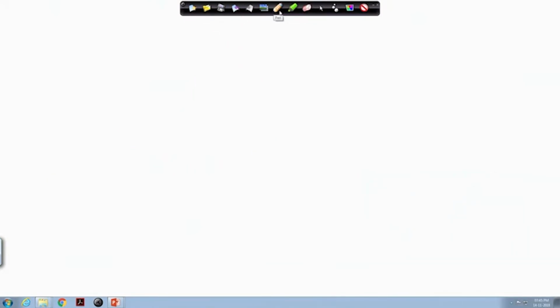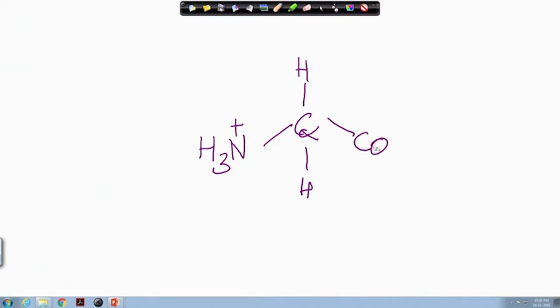So, when we consider this, we think of our structure as something like this: this is the alpha carbon, this is the R group. Now, we have this proton and we have this proton. Depending upon the pKa values, the protons are going to be lost.